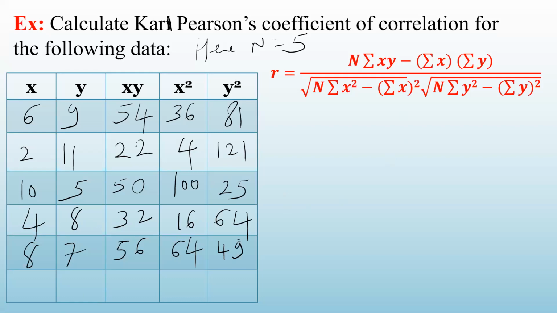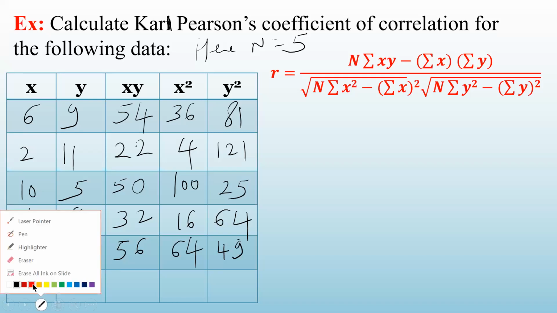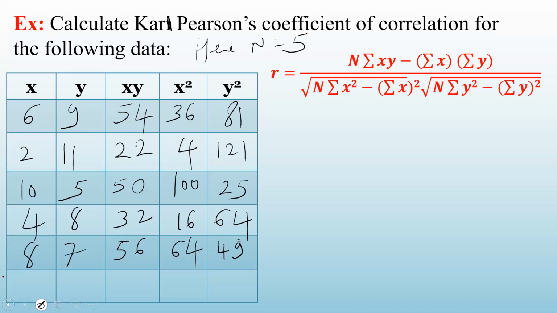So in the last row, we can write the summation. Maybe I can use a different color for that. So in the last row, we are writing the sum.